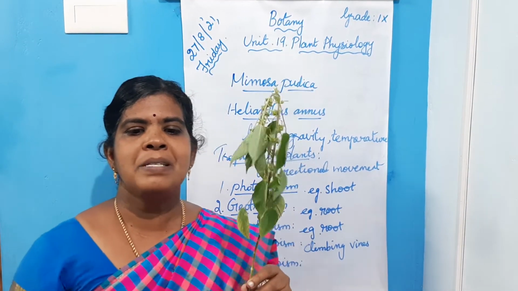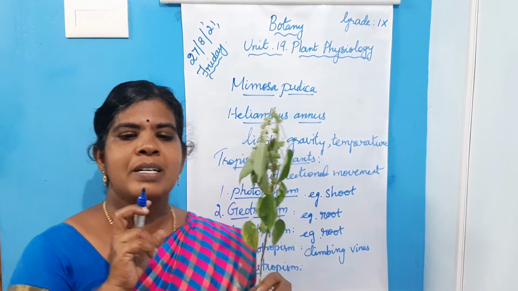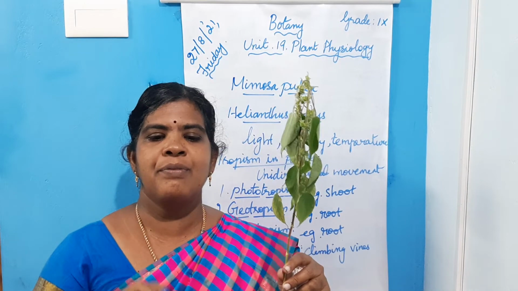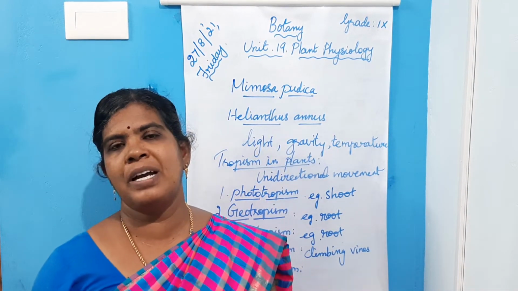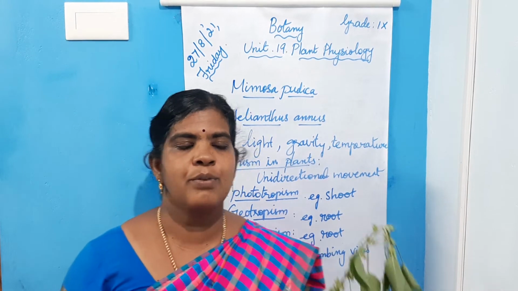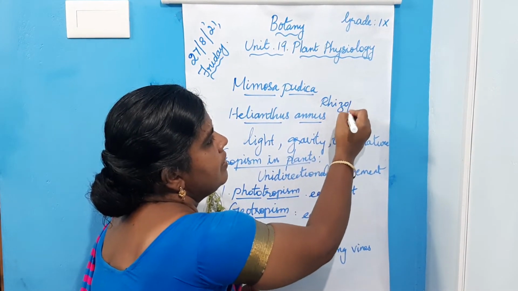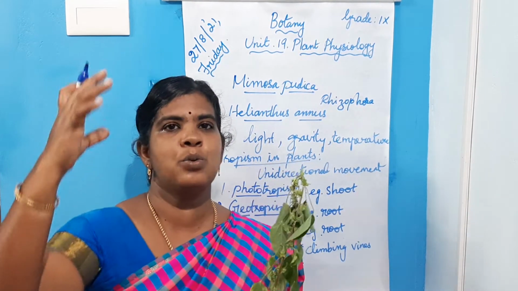So tropism is generally termed positive if growth is towards the signal and negative if it is away from the signal. For example, in some halophytes, example Rhizophora, these halophytes develop certain aerial roots.